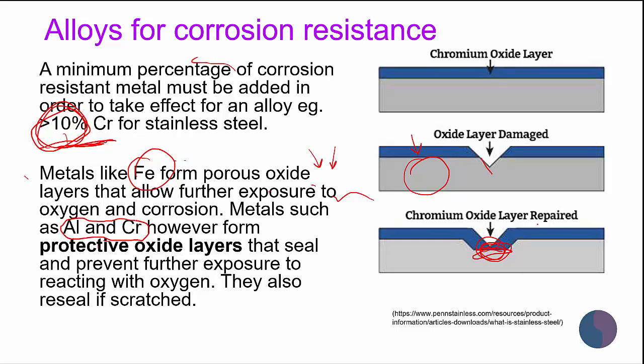It doesn't have to be 100% an actual physical chromium layer. Just 10% chromium will form a layer over the whole exposed surface. That's how that works. That's why alloys are effective: you only need a tiny percent and it'll still form the protective layer. Okay, so corrosion resistance and increased strength.